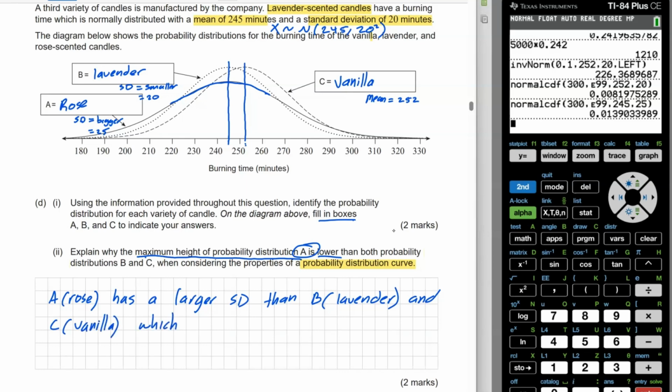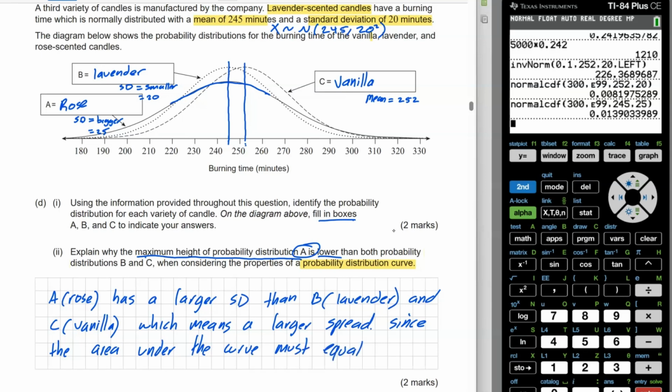which means a larger spread of data. Now for our second mark, we're going to say since the area under the curve must equal 1, because it is a probability, the height has to be lower.